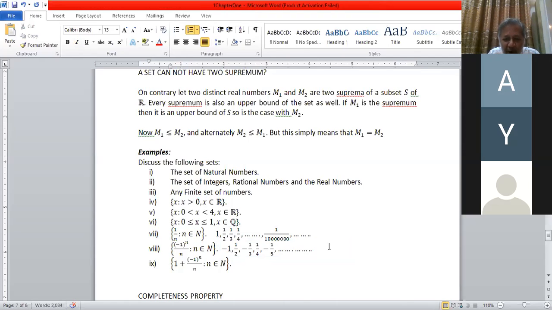When you plot these points on the real line, one appears at -1, then 0, then -1/2, -1/3, then +1/4, then -1/5. They are approaching 0, but all the elements of this set lie between -1 and 1/2. So -1 is the infimum and 1/2 is the supremum.